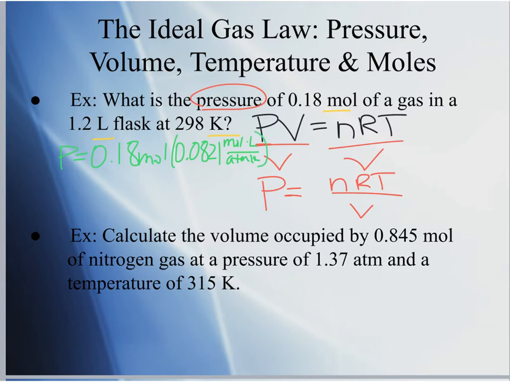Then we've got our temperature, which is 298 Kelvin, and we'll divide all of that by our volume, which is 1.2 liters.